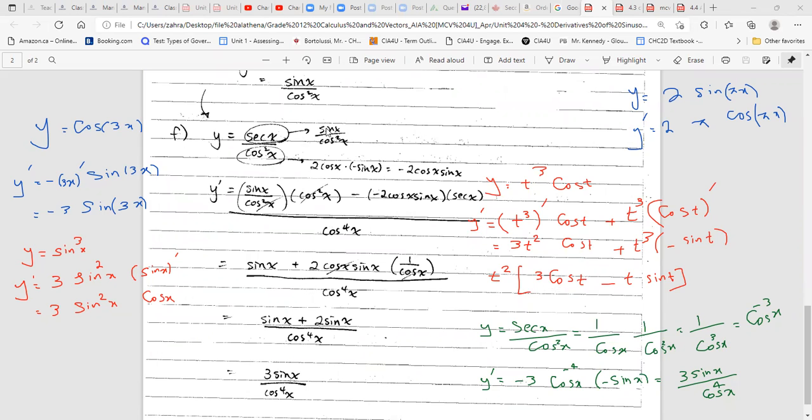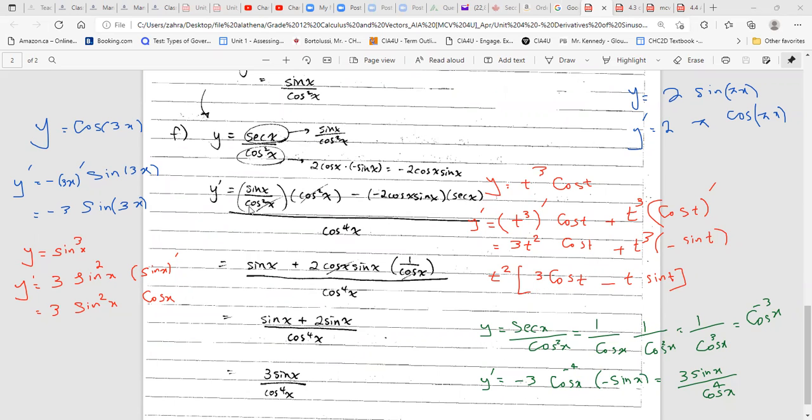So secant they write as 1 over cosine. So the derivative of secant is sine over cosine power 2. And for cosine power 2, it's power in front, power minus 1. Then quotient rule is derivative of numerator, which is this, multiplied by denominator without any change, minus the derivative of denominator, which is this, multiplied by numerator without any change.